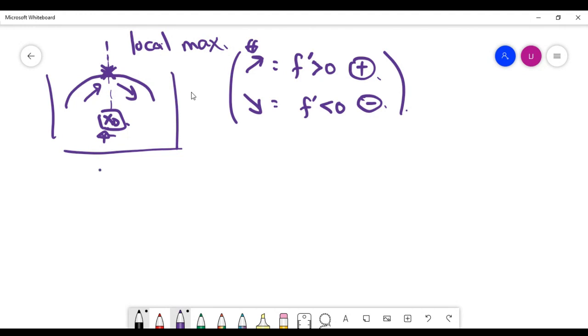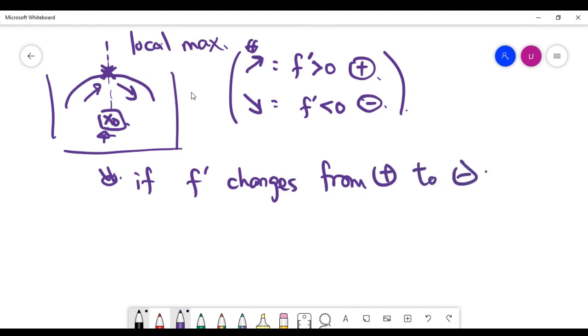So if you're able to locate such points where f prime changes from positive to negative, then x0 is a local maximum point. And for the local maximum value, of course, you can evaluate it based on the function f of x at this point.